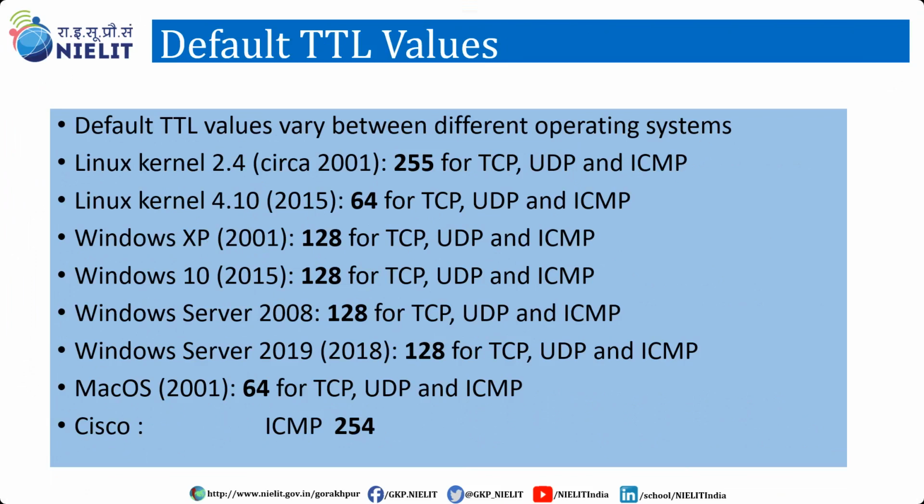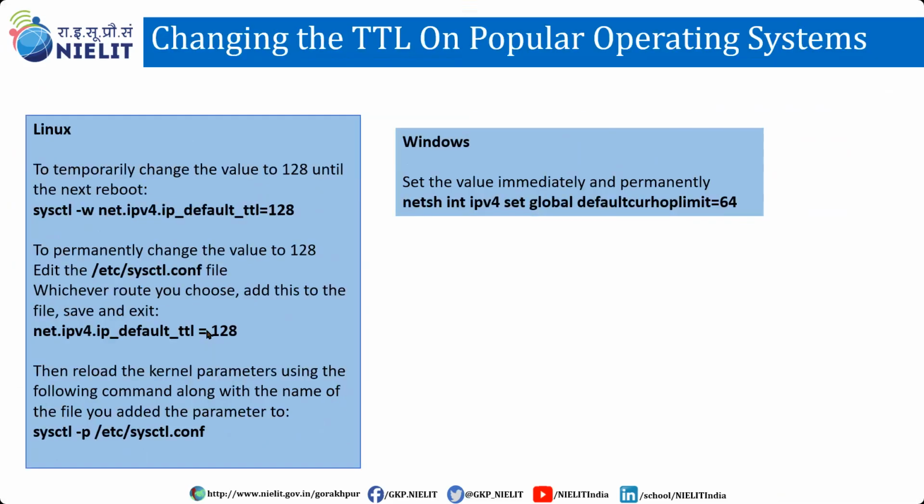But we have the option to send a customized packet with some other TTL value. So you can change your default TTL. For example, on a Linux machine, you can run the command sysctl -w net.ipv4.ip_default_ttl=120. You can change it.